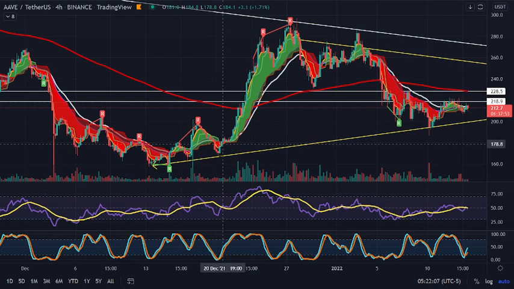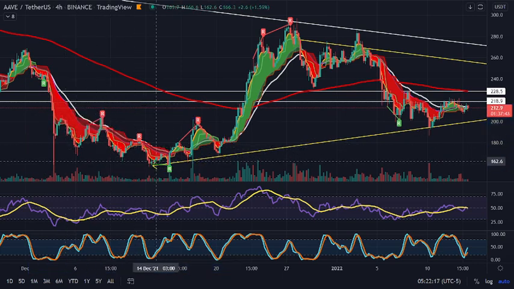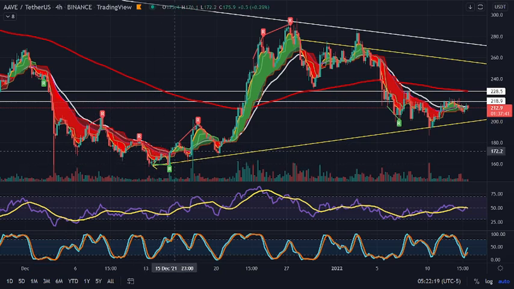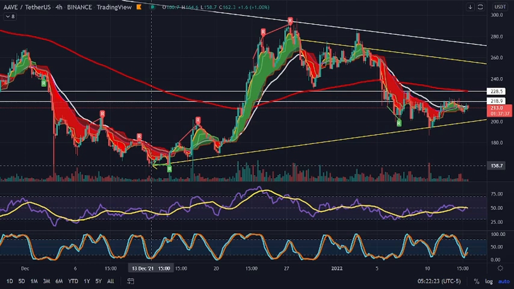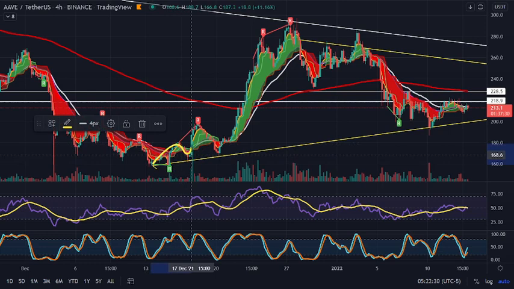If you remember correctly, this is December 2021. Last year we had this Wyckoff accumulation zone, and then we went up from there, right? You can see here we came off of a low, we went up, came down, crossed back over the 30-day moving average, and then pumped.